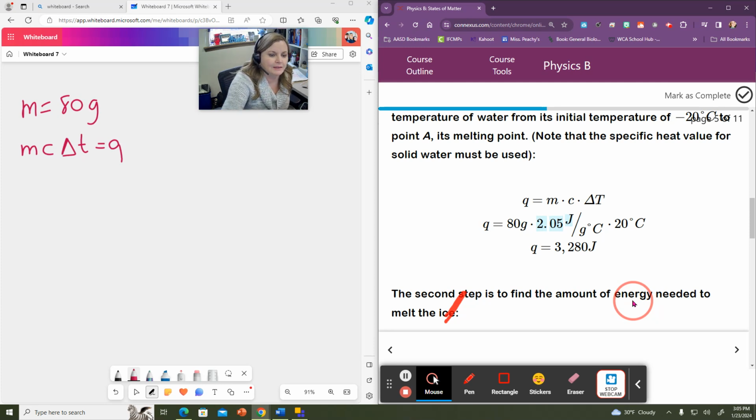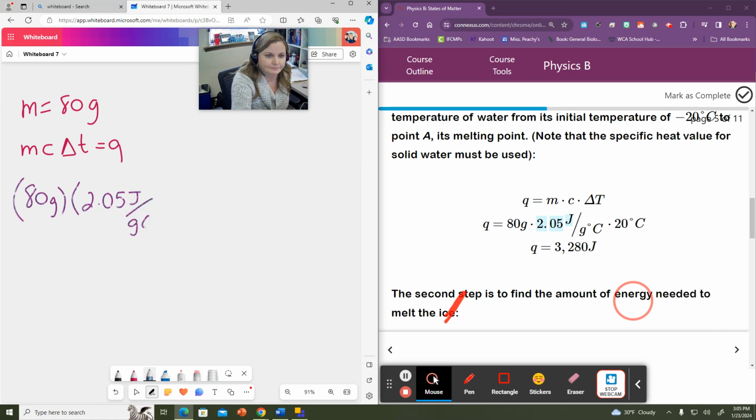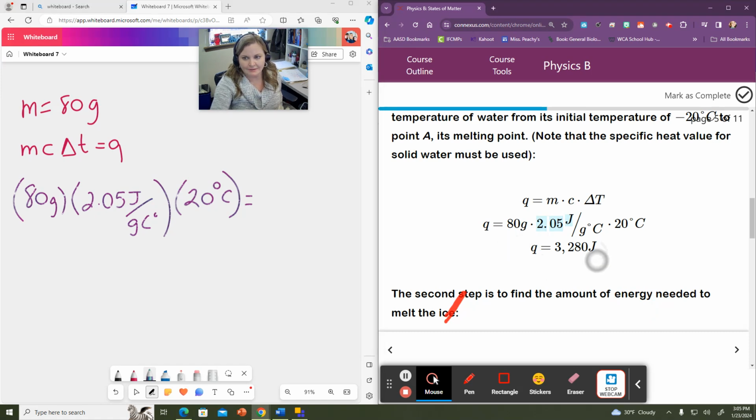So we're going to take the mass of the ice, 80 grams, times the specific heat of ice, times the change in temperature. And it went from negative 20 up to 0, so that's a 20-degree change in temperature. I did that part in my head to make it a little less messy. Then we multiply all that out, and they did that for us over here. That's the 3,280 joules.